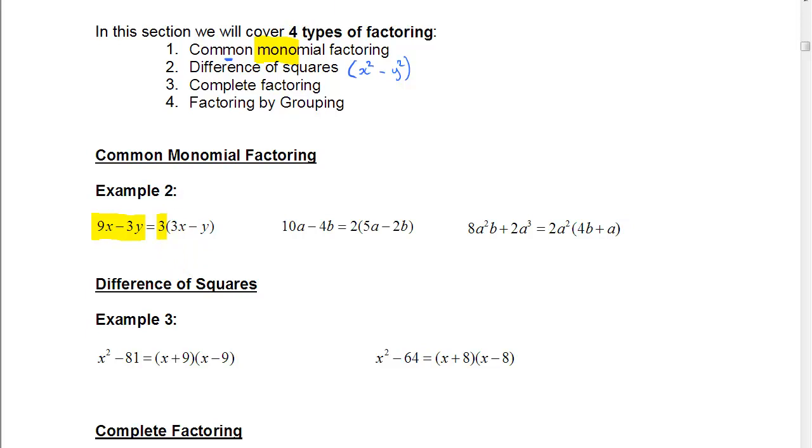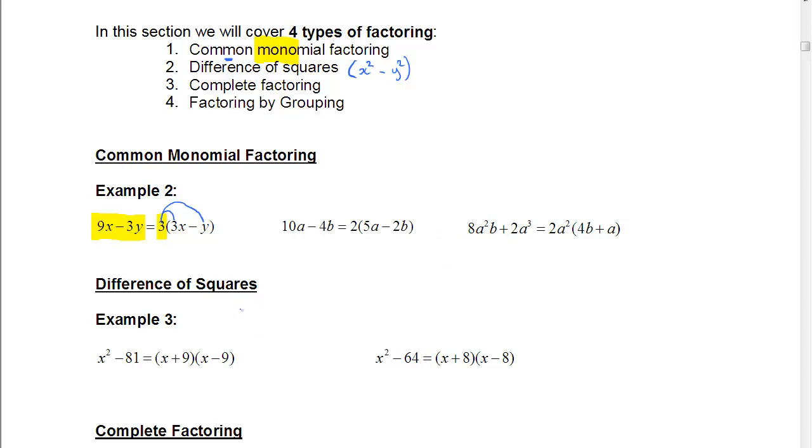To check and make sure we have the right answer, we just do the opposite, which is multiply. So if we multiply 3 with 3x, we get 9x, and 3 with minus y gives us minus 3y. So that's the common monomial factoring. And we see 2 more examples here. We're removing the biggest common factor between all the terms.